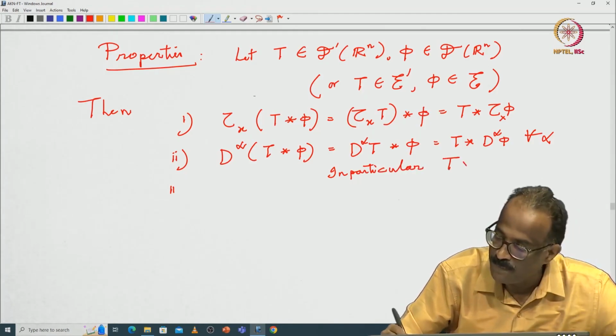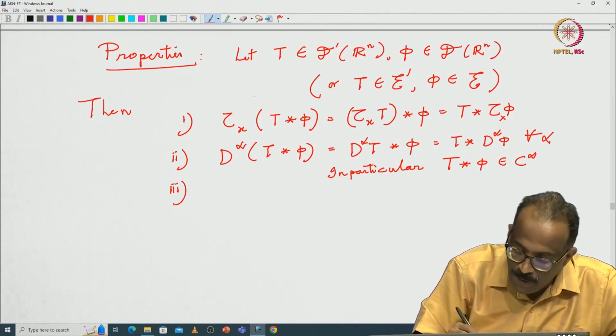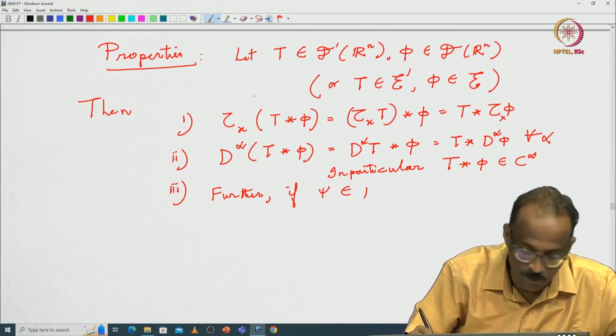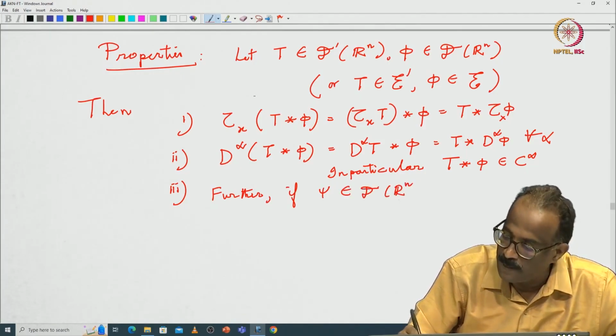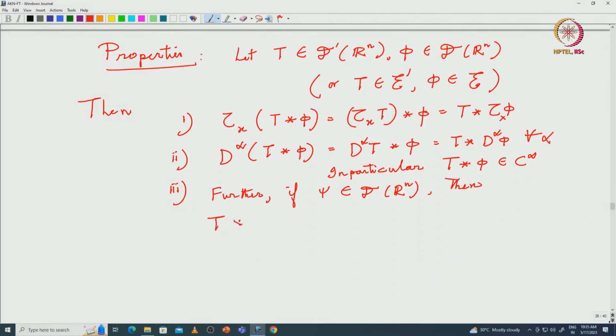Three, in particular, T star phi is C infinity. And further, if psi is in D of Rn, then you have associativity: T star phi star psi is equal to T star phi star psi.